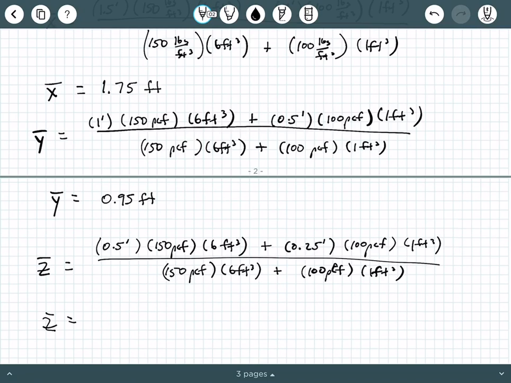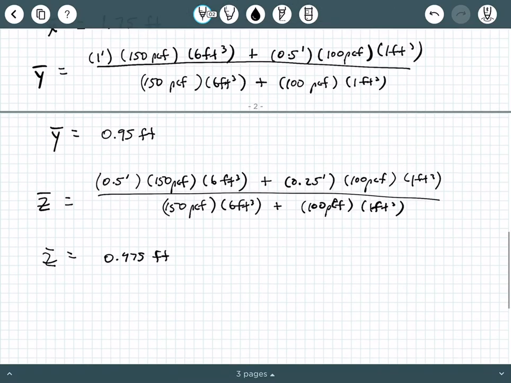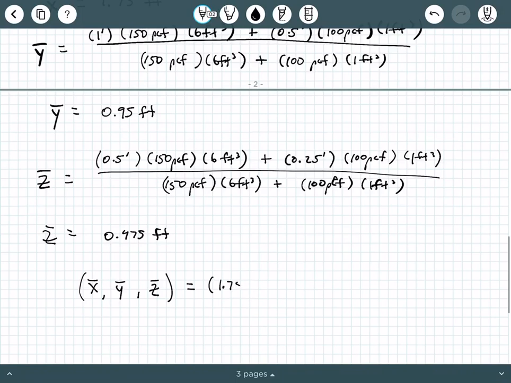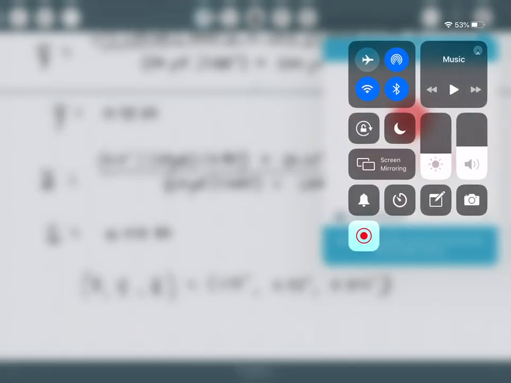So Z bar, what do we get? 150 times 0.5 times 6 plus 0.25 times 100 divided by 150 times 6 plus 100. So I get 0.475 feet. Okay? And so my final answer, X bar, comma, Y bar, comma, Z bar, is 1.75 feet, comma, 0.95 feet, comma, 0.475 feet. And that's my answer.